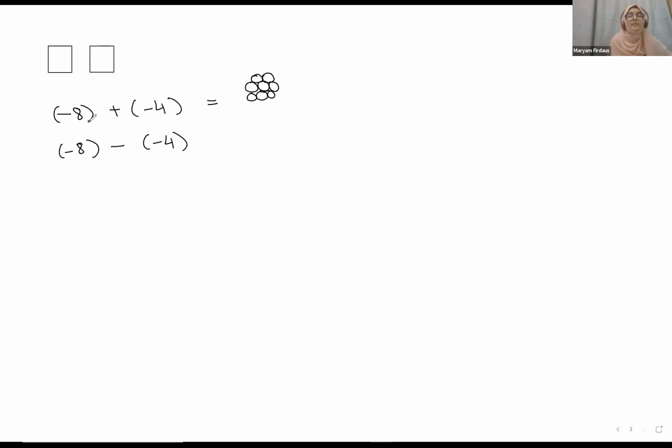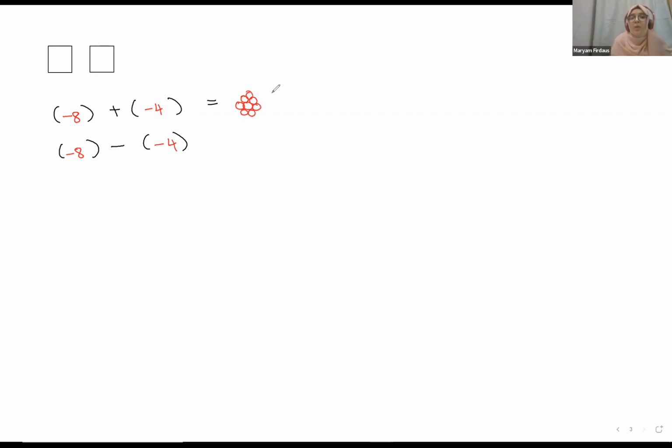Let me just color code these things so that it's easy. Negative integers are going to be in red, and positive are going to be in blue. So we have -8.